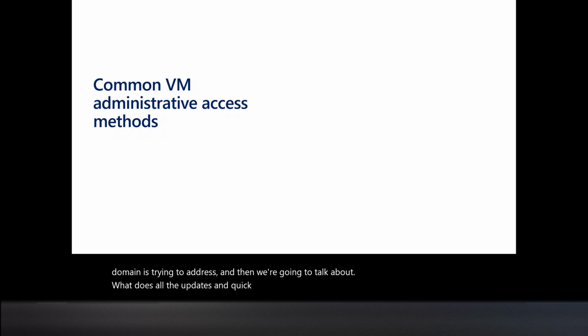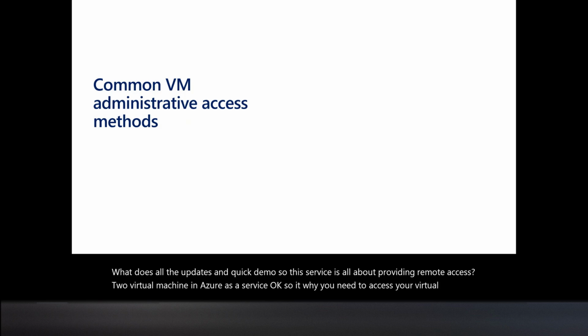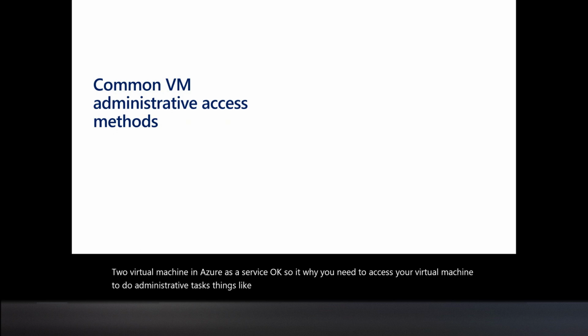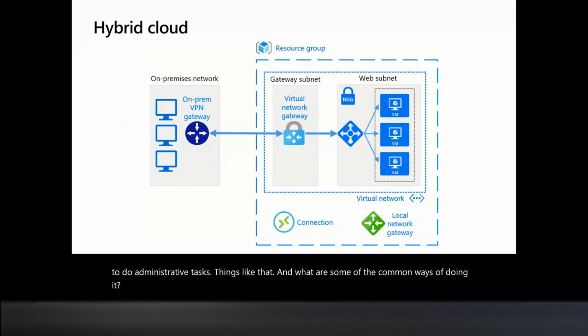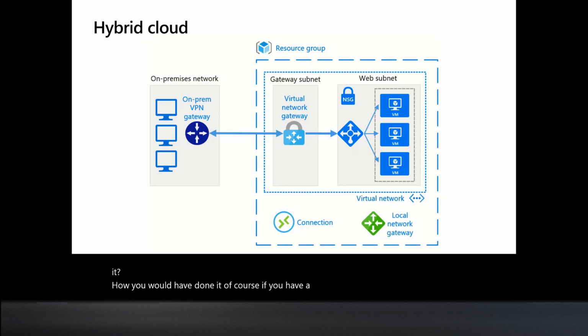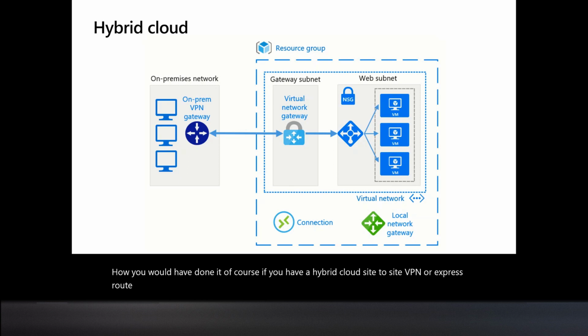So this service is all about providing remote access to virtual machines in Azure as a service. Why do you need to access your virtual machine? To do administrative tasks, things like that. What are some of the common ways of doing it? Of course, if you have a hybrid cloud, site-to-site VPN or ExpressRoute, you can connect to those VMs from on-prem.